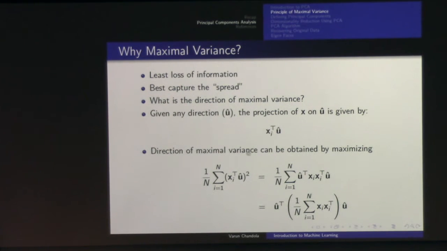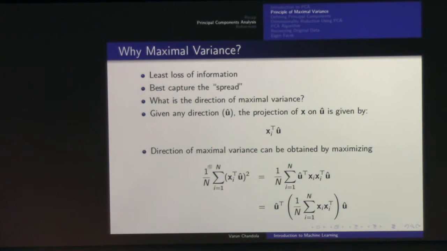Now, if you want to find the direction, because we are following this principle of maximum variance, we want to maximize this value. Here I'm making an implicit assumption that the mean is 0. Typically when you compute variance, we have to subtract the mean as well, but just for notational simplicity, I'm ignoring that.